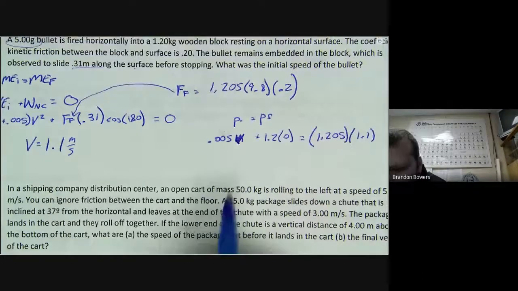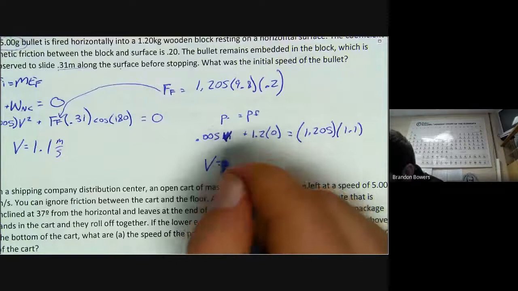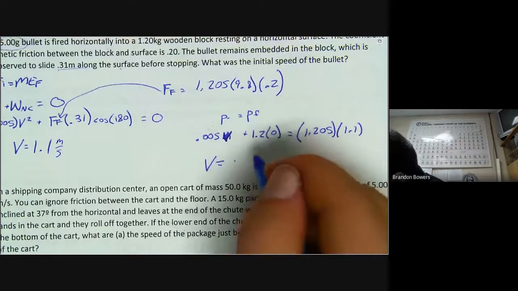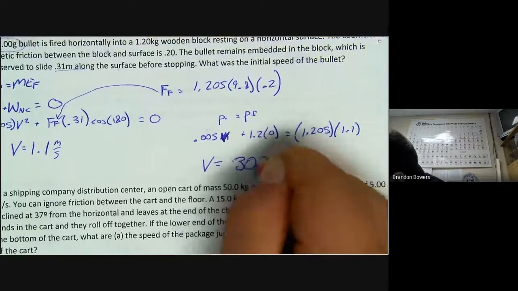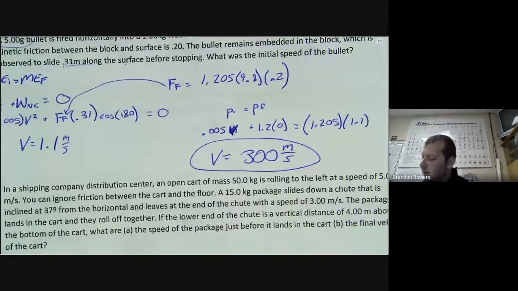So the initial velocity of the bullet, with 1 sig fig, I got 300 meters per second. That's more like it, better than the other bullet question.